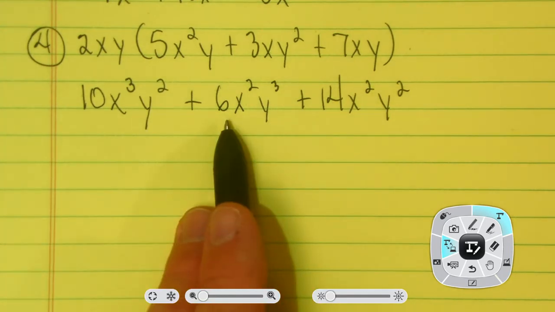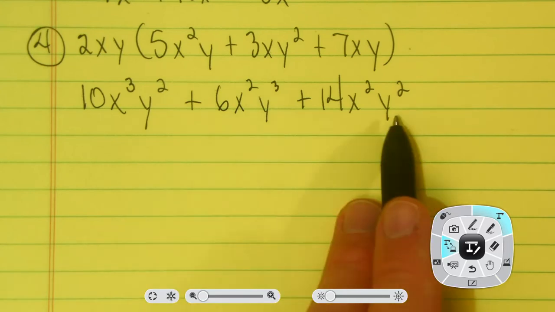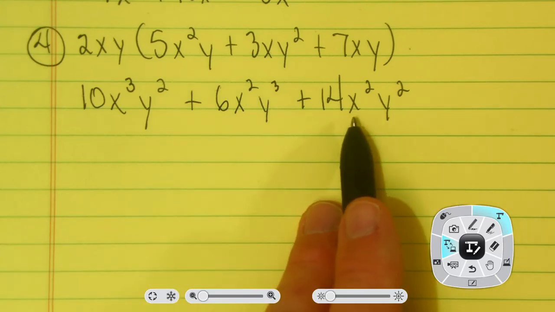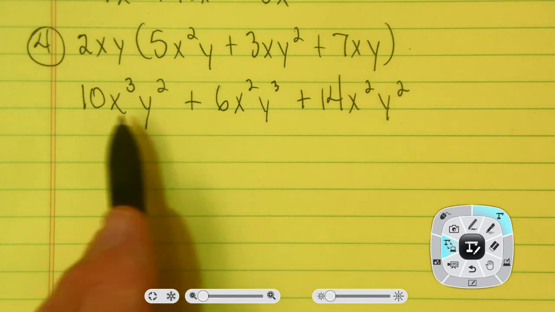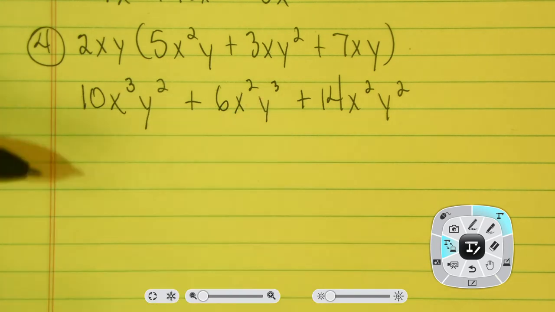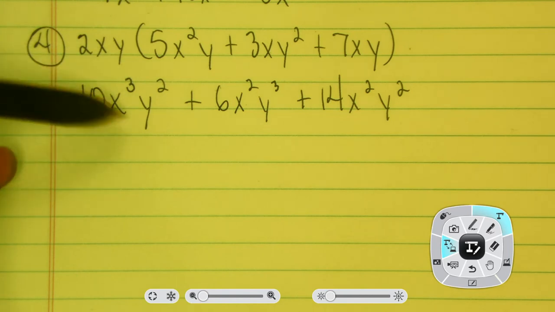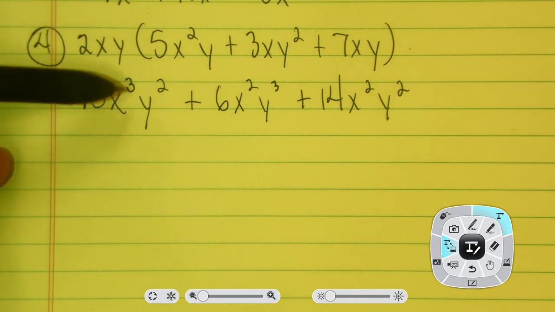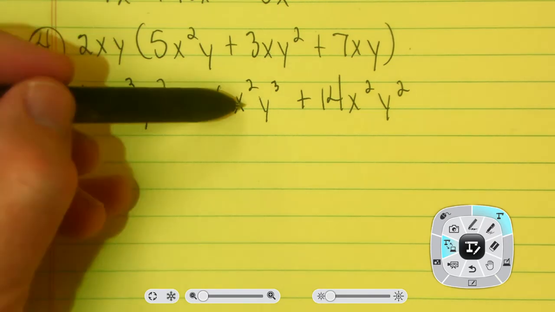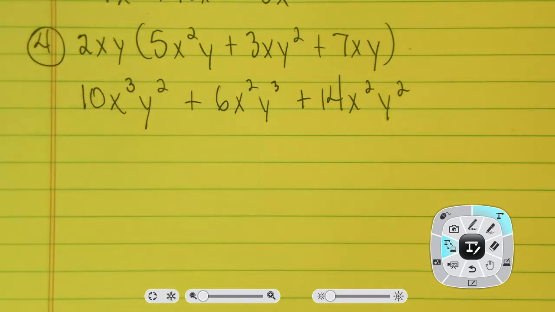This also has a degree of 5. And then a degree of 4. In the case where the degrees are the same, I'll write my trinomial in descending order, starting with the first alphabetical variable. This is x to the third, so I would put x squared second. These two have the same degree. And yet that's still in standard form.